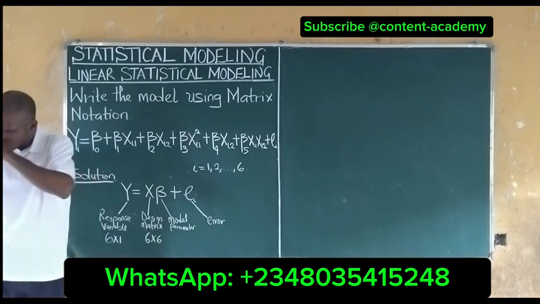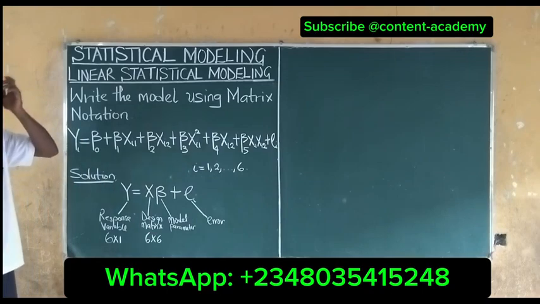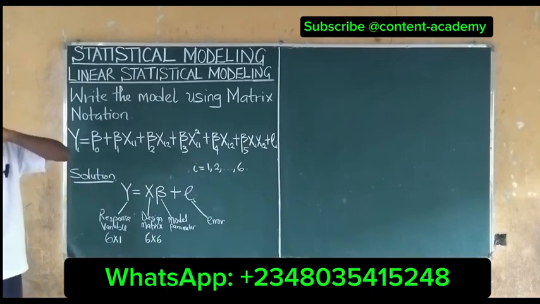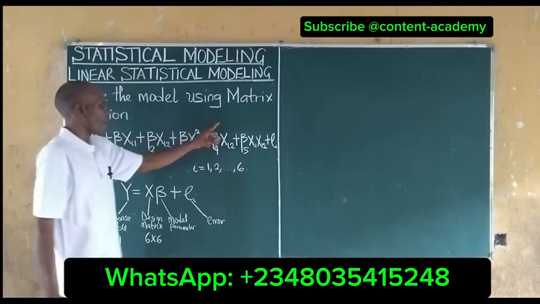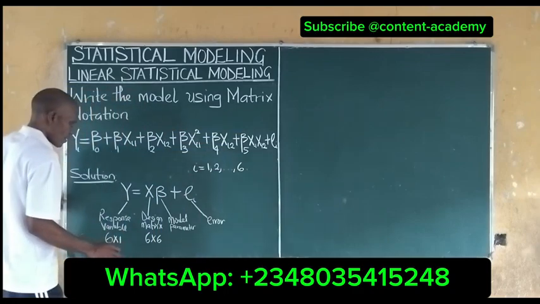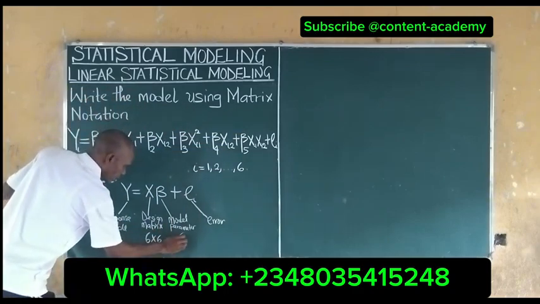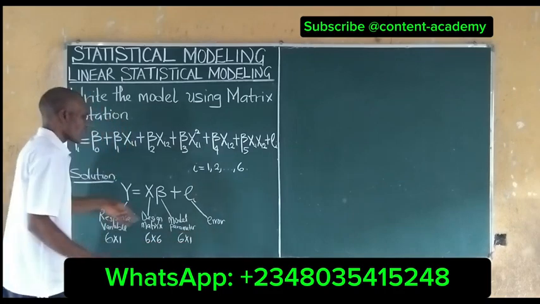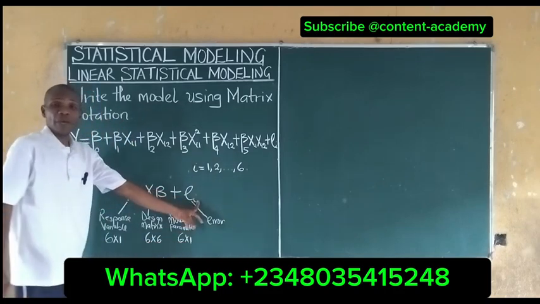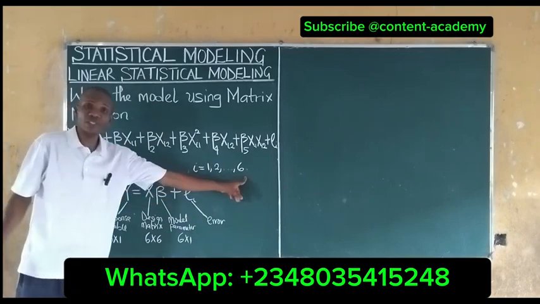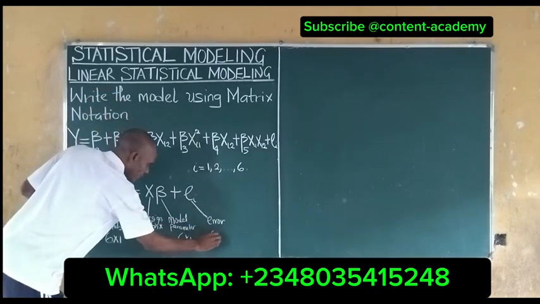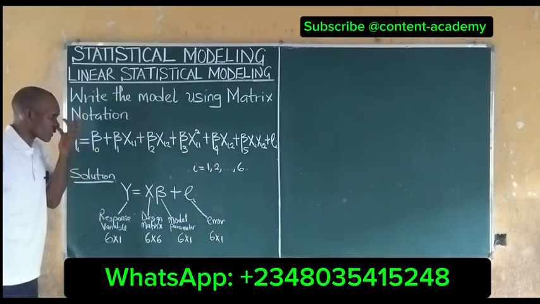Our b too, we have to count it: 1, 2, 3, 4, 5, 6. Our b will be a 6 by 1 matrix. Also, our random error has 6 observations, with i ranging from 1 to 6, so it will still be a 6 by 1 matrix.